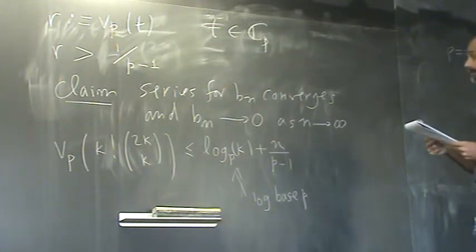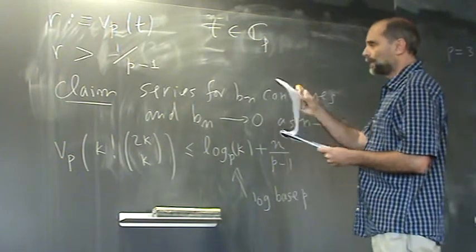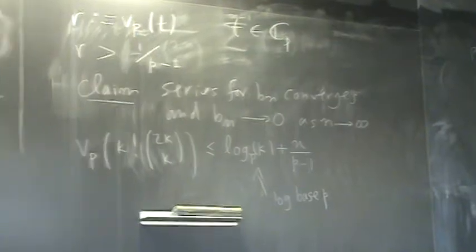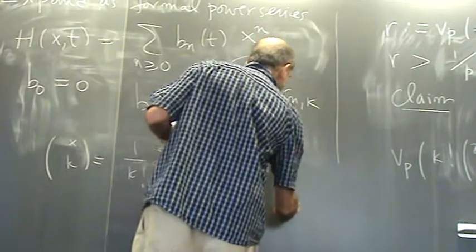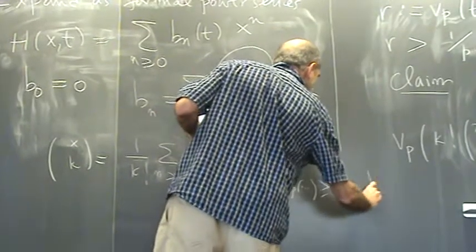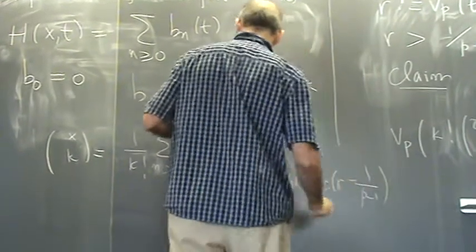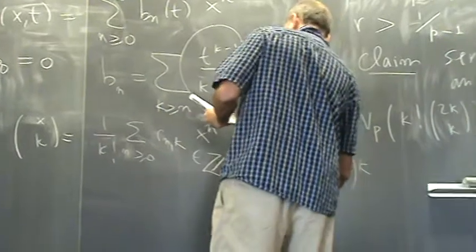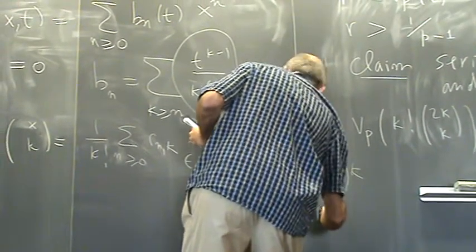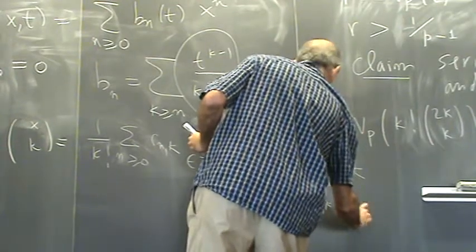So what we see is that the valuation of this quantity is bigger than r minus 1 over p minus 1 times k minus log_p of k minus r.